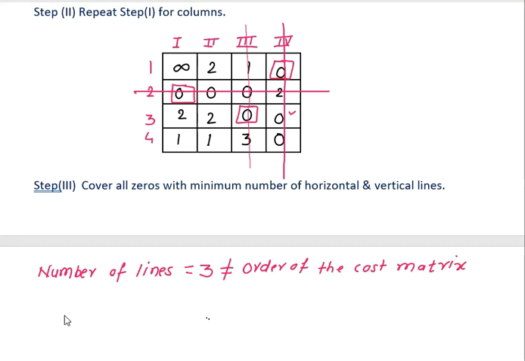So this is not an optimum solution. So apply the next step, step number 4.